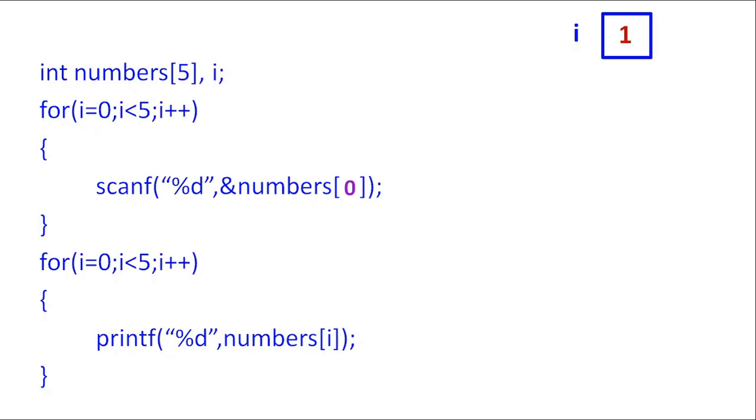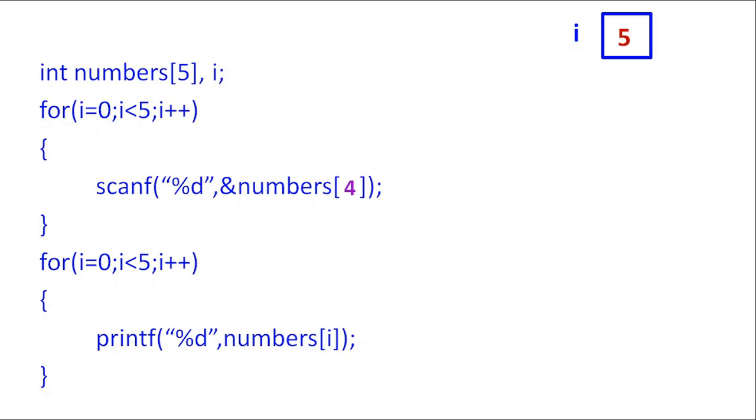During the next iteration, i gets incremented to 1, and so the index of the array also changes to 1, and next iteration i becomes 2, and the index of the array also changes to 2, and when i becomes 3, we take input for the 3rd element. During the last iteration of the for loop, we are able to take input for the last element of the array.